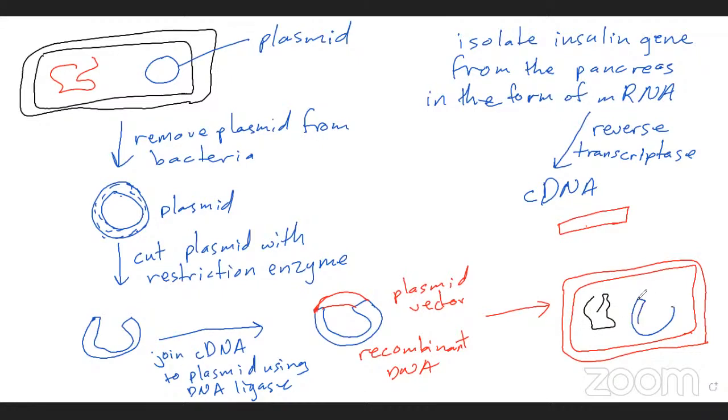So we have our technique to punch holes into the bacteria and allow it to take up the plasmid. All right. So let me just annotate this. Insert plasmid into bacteria.